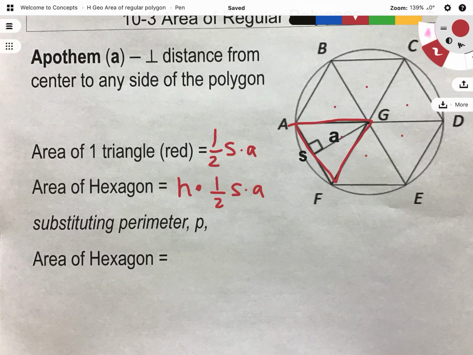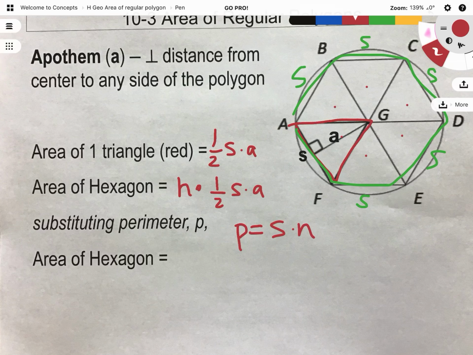And then we can make this a little bit simpler. What is perimeter? Perimeter is the side lengths, it's all of this. So that's s, s, and so on. So the perimeter P is equal to the side length times n, the number of sides.